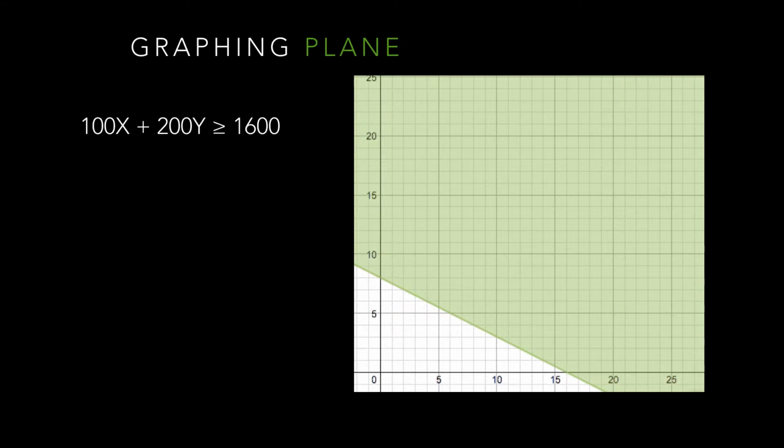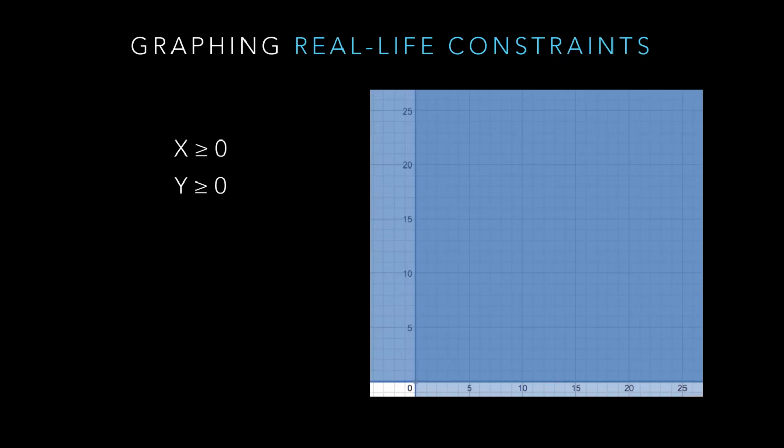Graphing plain tiles: 100x plus 200y greater than or equal to 1600. And graphing the real-life constraints, which restrict the graph to greater than or equal to 0 in x and greater than or equal to 0 in y.